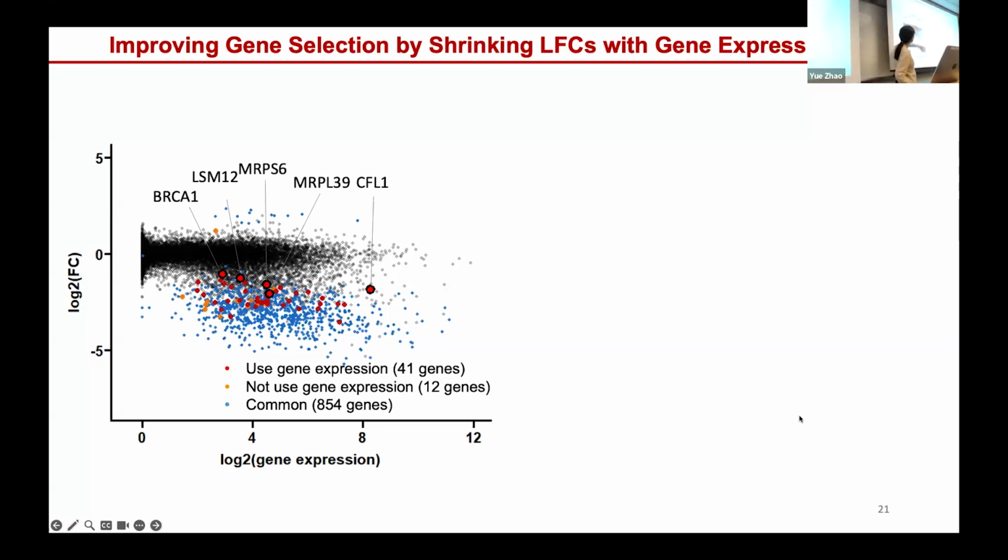And the other 2 genes, MRPS6 and MRPL39, are also known essential genes in the MAGeCK essential gene list. In other words, these 5 genes would be missed if we were not integrating the gene expression data with the screen data in our model.